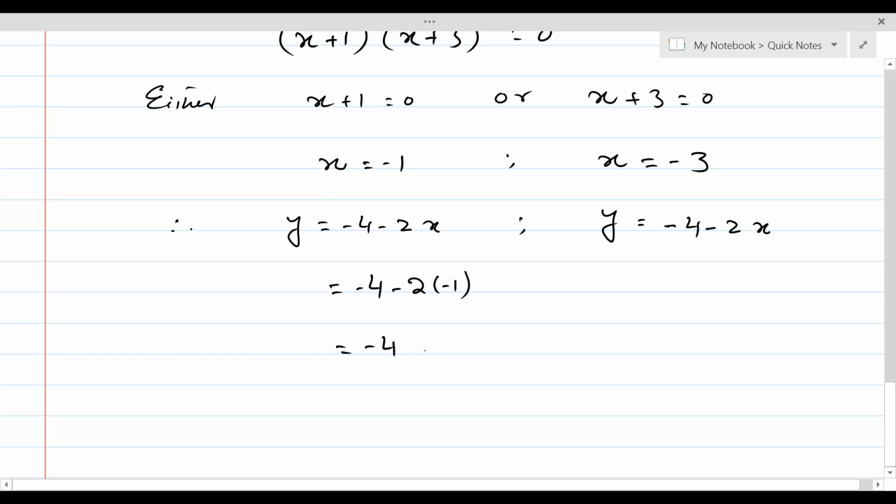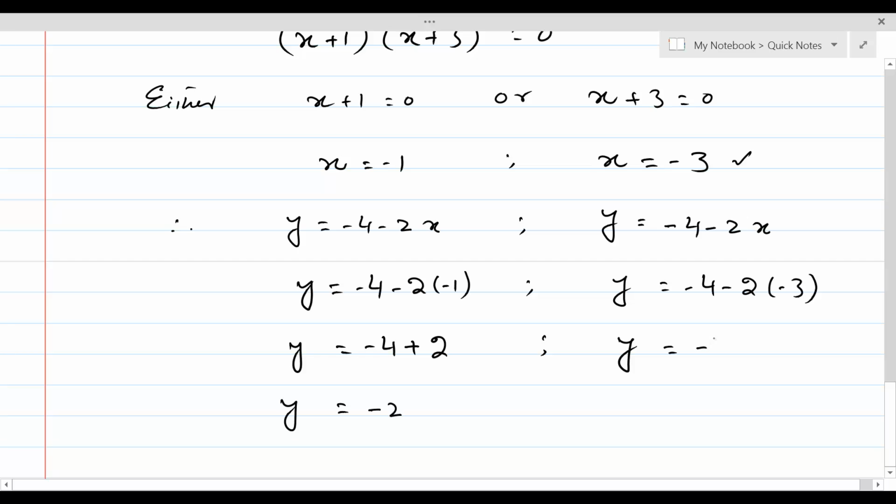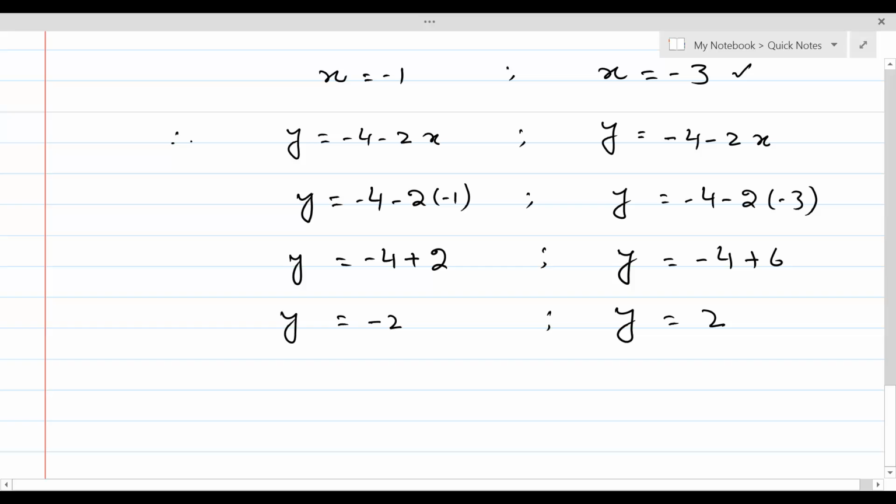This will give us minus 4 plus 2, which means minus 2, which is the value for y. And when x is equal to minus 3, then y will be equal to minus 4 minus 2 times minus 3, and this will give us y is equal to minus 4 plus 6, and this gives us y is equal to 2.